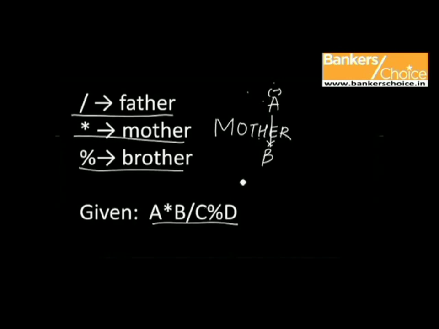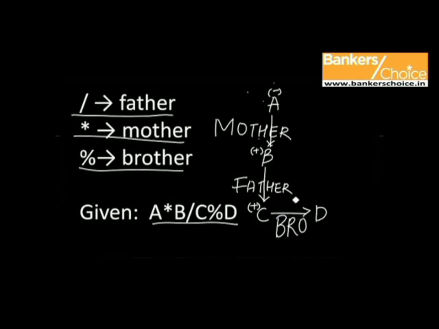From the second part, B slash C, we can say that B is the father of C, by which we can understand that B is a male person and the relationship is father. And from the last part, C percentage D, we can say that C is the brother of D, which means C is male and the relationship is brother.